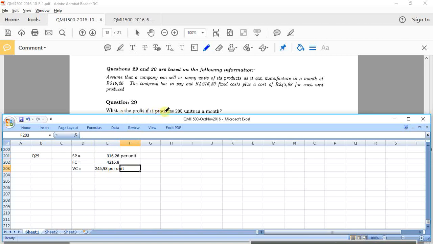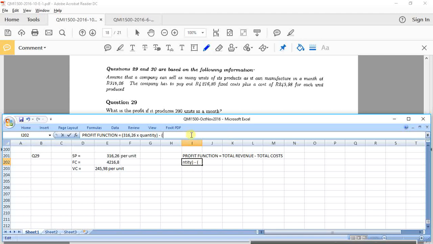What is the profit if it produces 200 units in a month? So we first need to work out the profit function. How do I get profit? Total revenue minus total costs. Total revenue is price times quantity, so 316,26 times quantity, minus total cost.